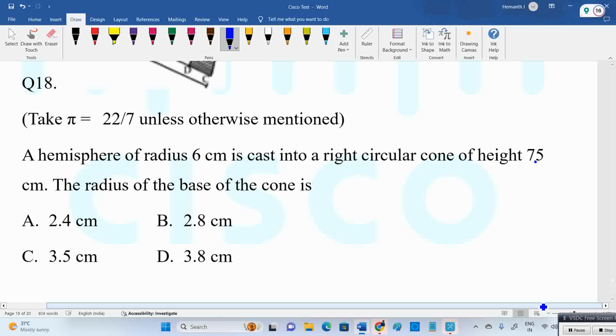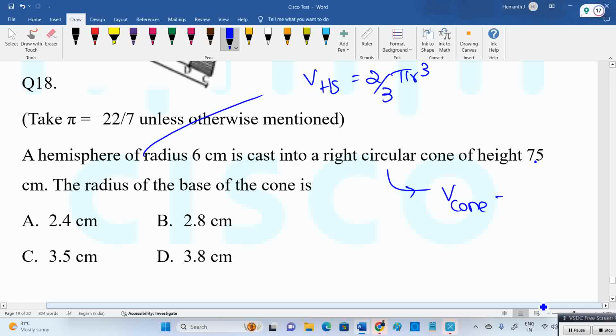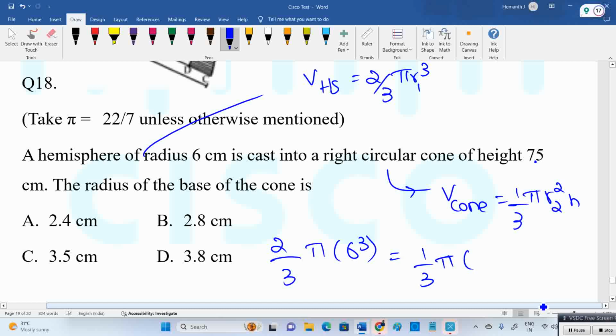So the hemisphere of radius r, the hemisphere volume is 2 by 3 pi r cubed. This is cast into a cone, a right circular cone, where the cone volume is 1 by 3 pi r squared h. Here the radius is different for this one. So 2 by 3 pi times 6 cubed is nothing but 1 upon 3 pi r squared times the height.